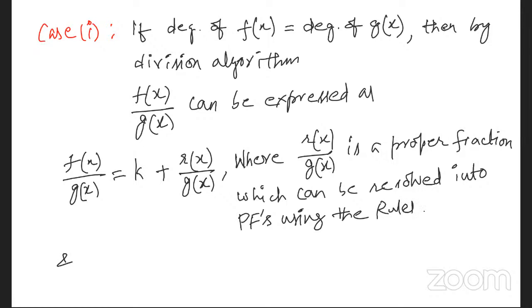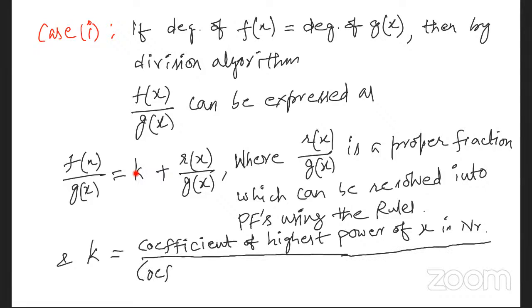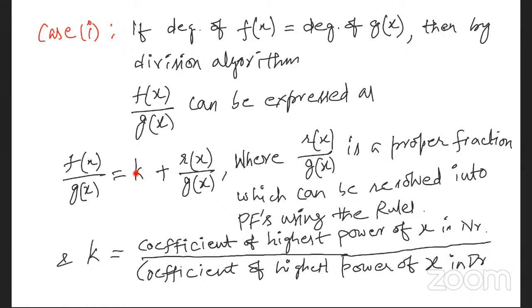And k, a constant value, is nothing but the coefficient of the highest power of x in the numerator divided by the coefficient of the highest power of x in the denominator.